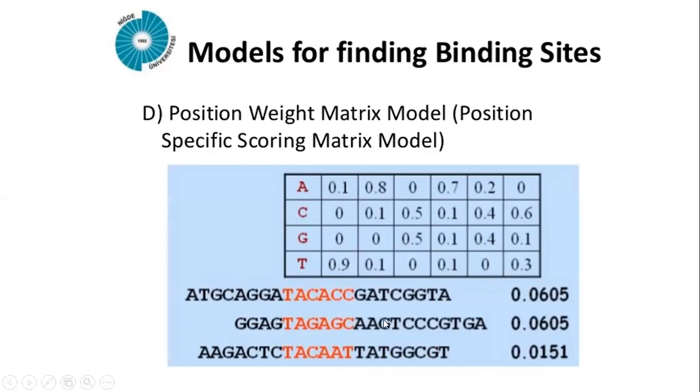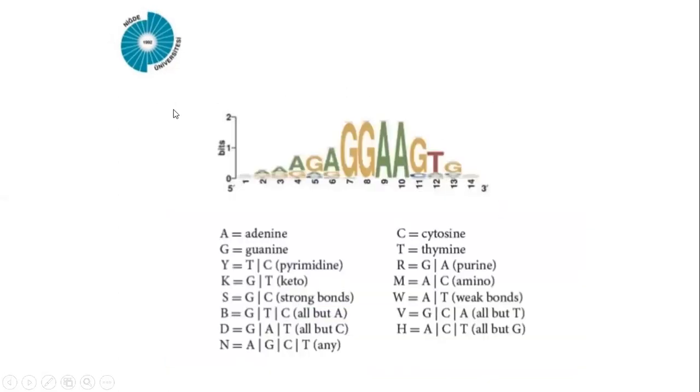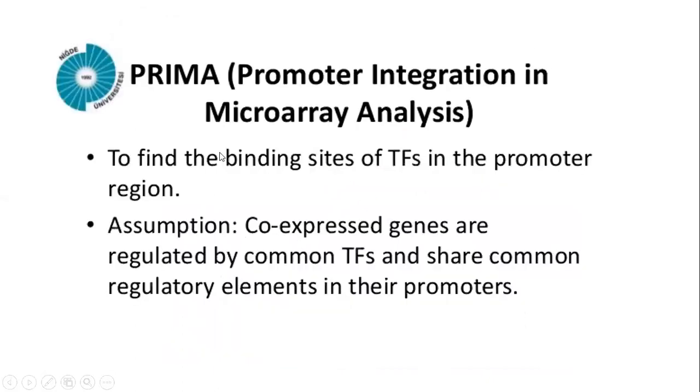That score also helps you define which base position the promoter element contains. By doing so, you can get a peak, and you can define not only A, T, G, C, you can define different terms like pyrimidine, strong bonds, GC pair, which is important for primer design, and all but C, all but A. You can try all different combinations of statistics. N is anything, you can give the software.